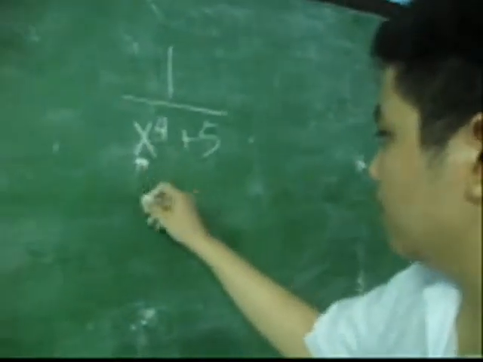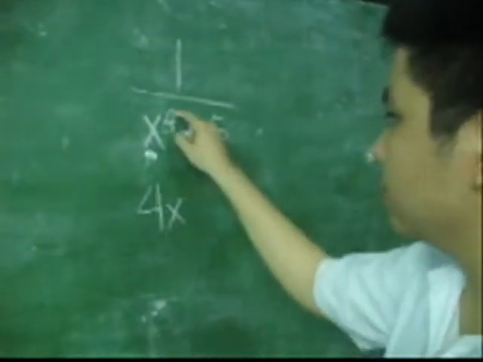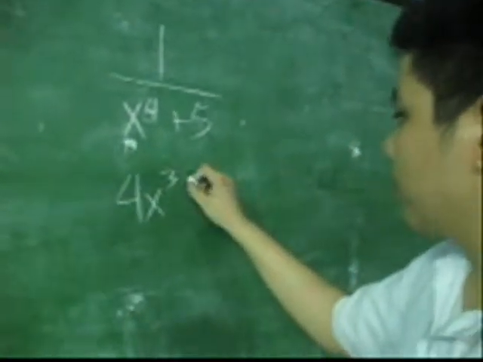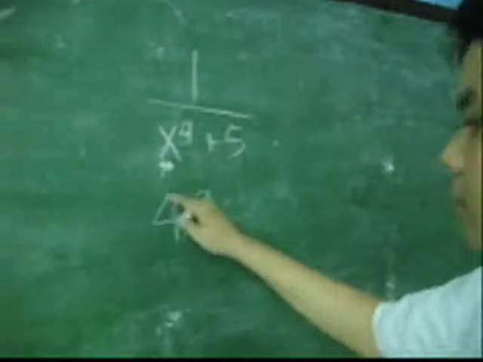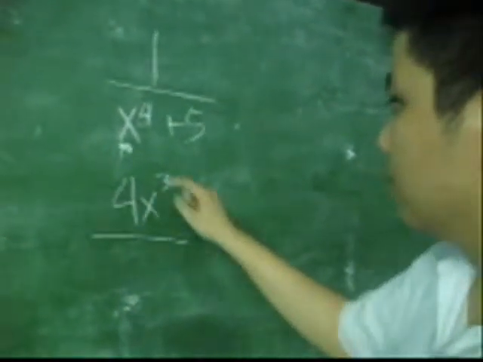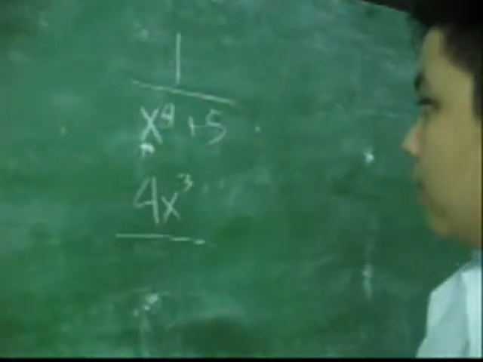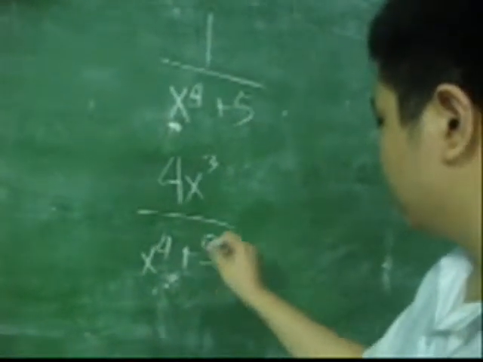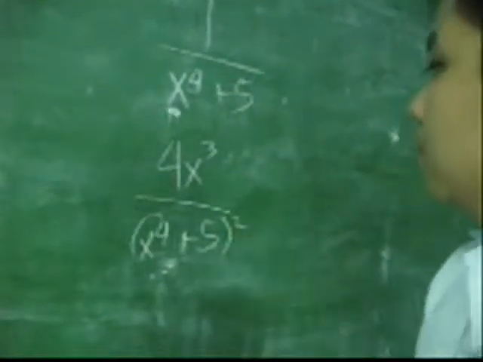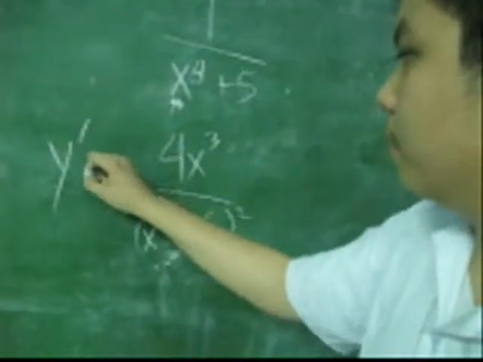So 4 times x is 4x, 4 minus 1 is 3, plus 0. So let's just cancel it. So this is the numerator. So we'll just copy the denominator and square it. So x raised to 4 plus 5 quantity squared. So this is the derivative.